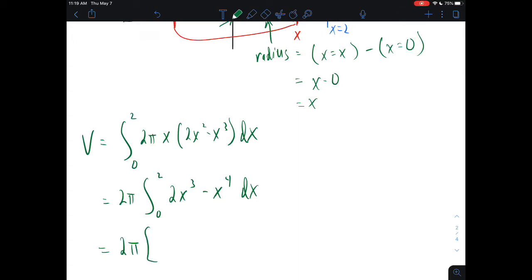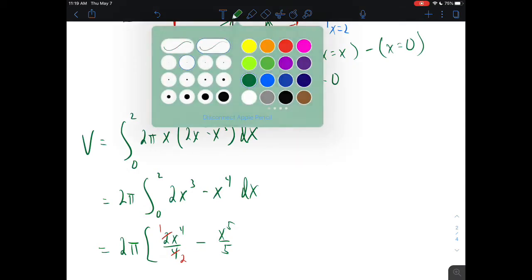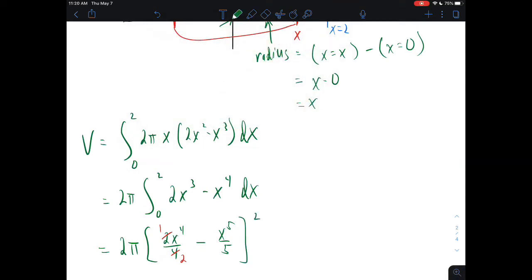The antiderivative of 2x cubed would be 2x to the fourth over 4, minus, the antiderivative of x to the fourth would be x to the fifth over 5. And while I'm here, I'm just going to divide the 2 by 2 and the 4 by 2. And then I need to evaluate at 2 first and then 0 second.